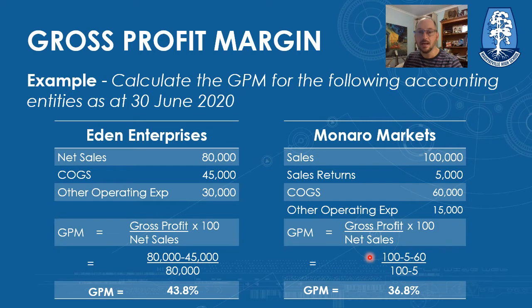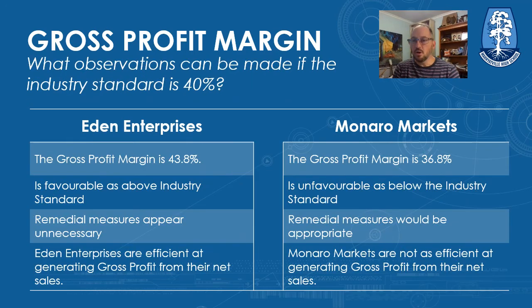And the net sales is 100 minus the sales returns of 5. So that would be 35 on 95, gives us a gross profit margin of 36.8%.